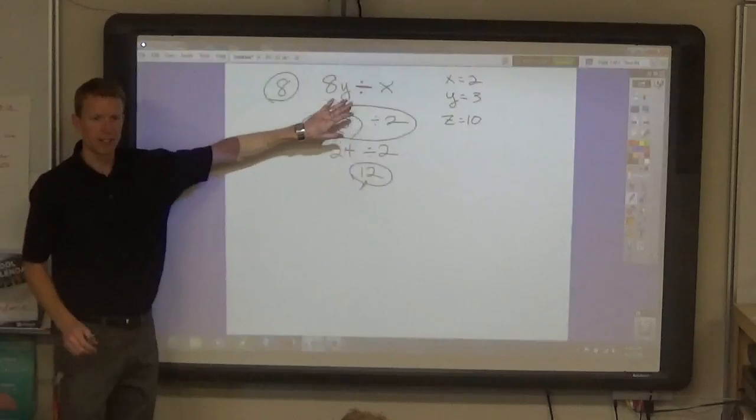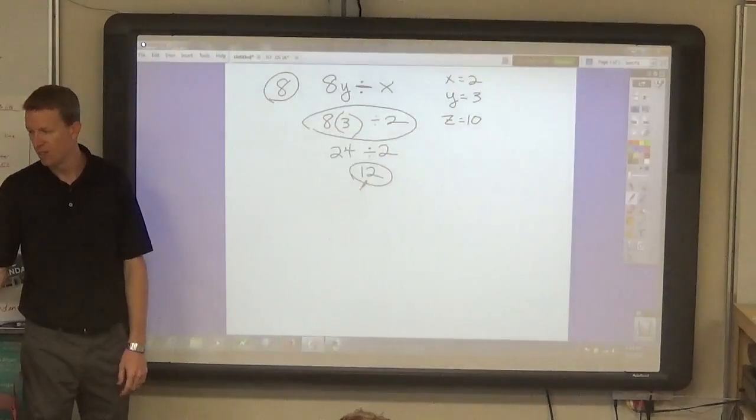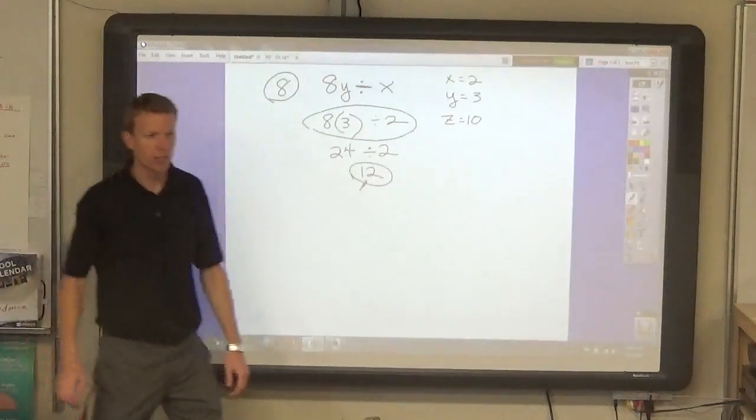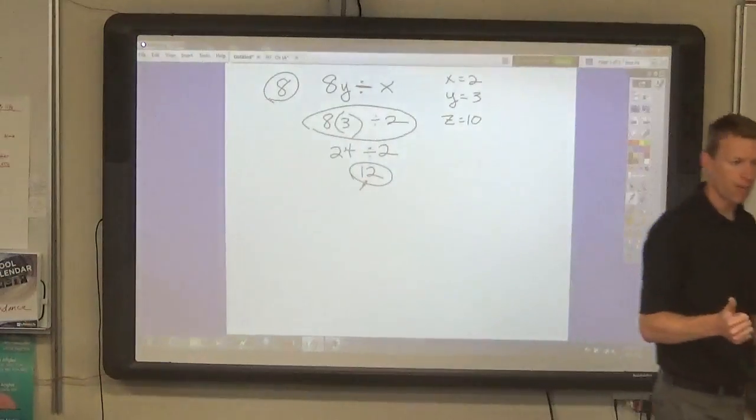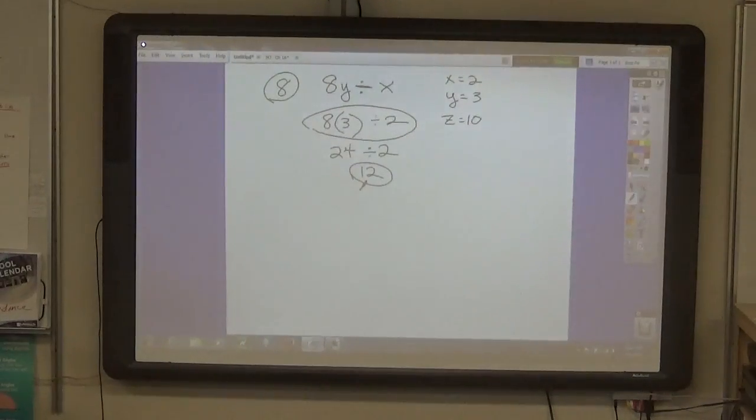Any questions on this section? Any questions at all? Notice you have to follow the order of operations when you're evaluating these. And I want you to keep going and do through number 26 for tomorrow. 2 to 26 evens.